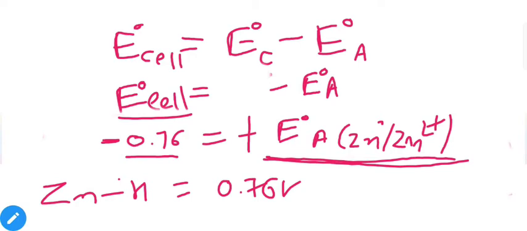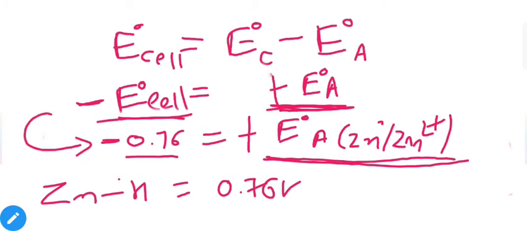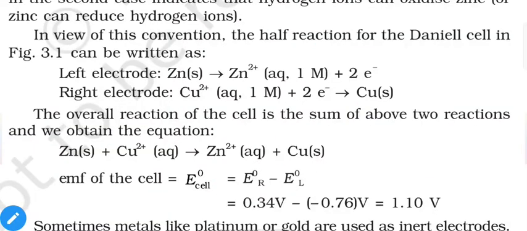That means when we attach hydrogen with another half cell and if hydrogen acts as cathode, then the reduction potential of the anode is equal to minus E cell. That means the cell potential value in negative is equal to the reduction potential of the anode. So that's how you can find the reduction potential of unknown half cells using the standard hydrogen half cell as a reference.